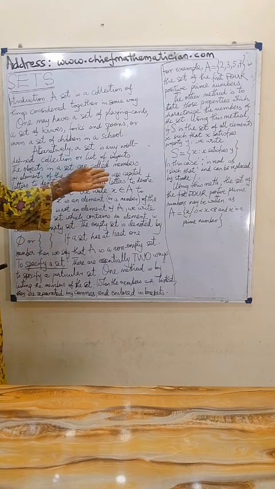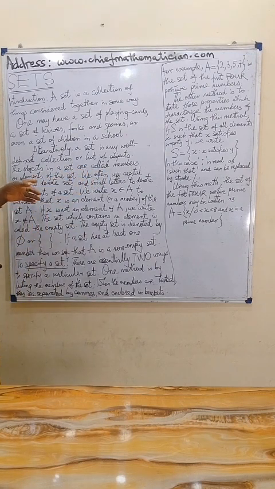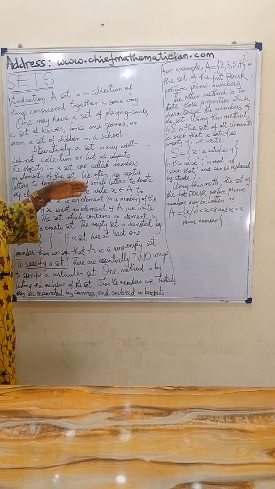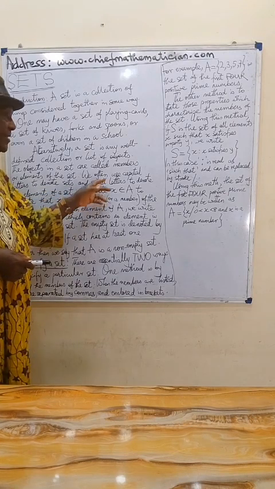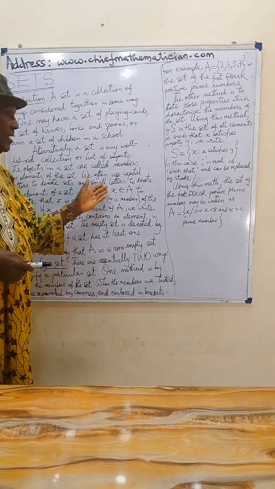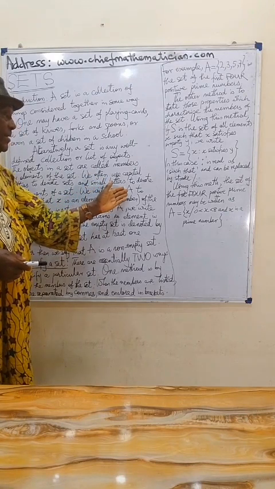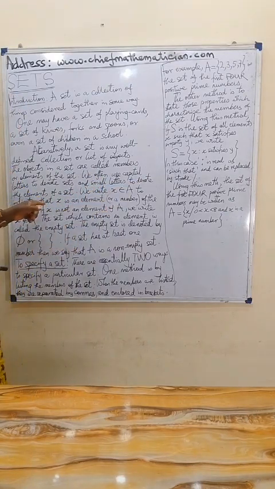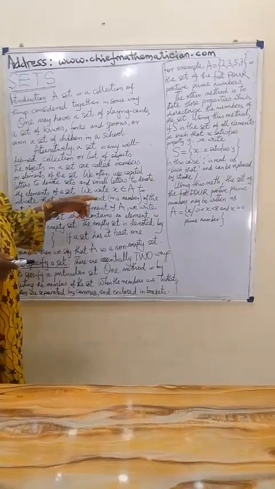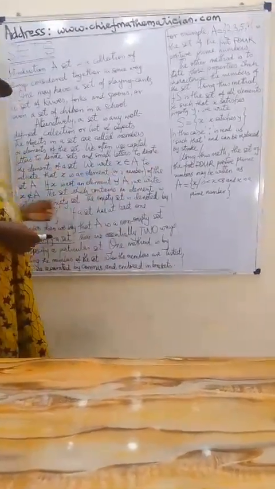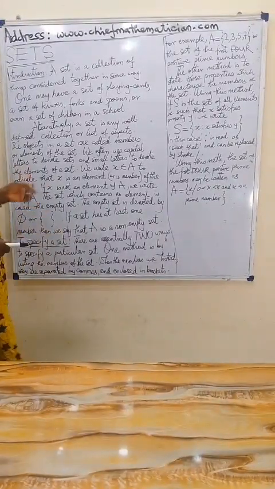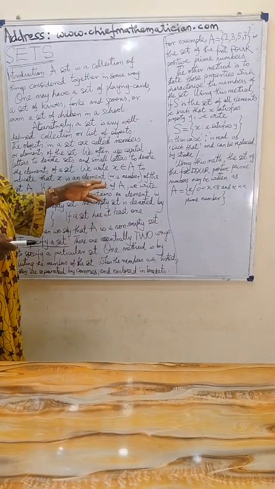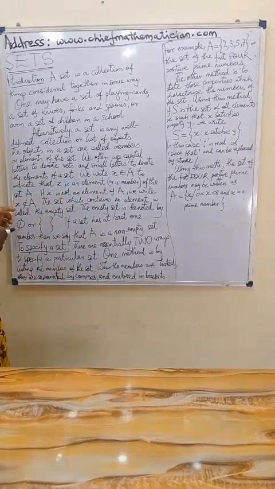We often use capital letters to denote sets and small letters to denote the elements of a set. We write X is an element of A to indicate that X is an element or a member of the set A. If X is not an element of A, we write the same sign with a cancel mark.